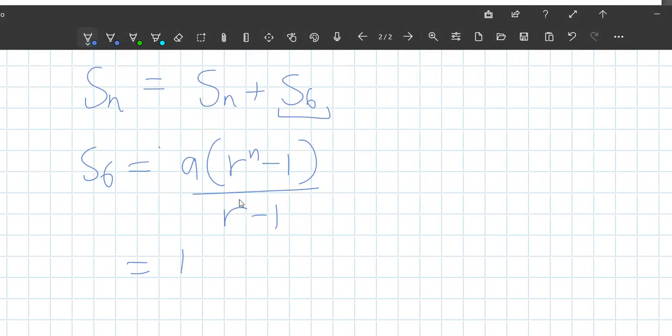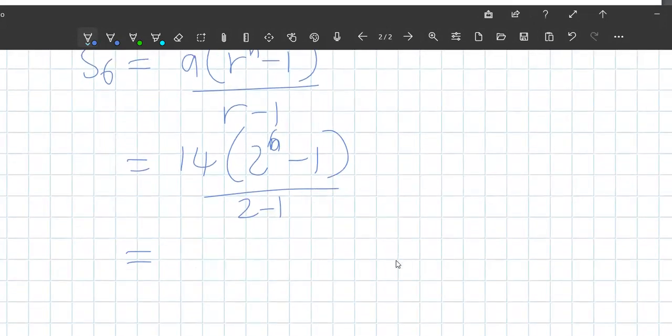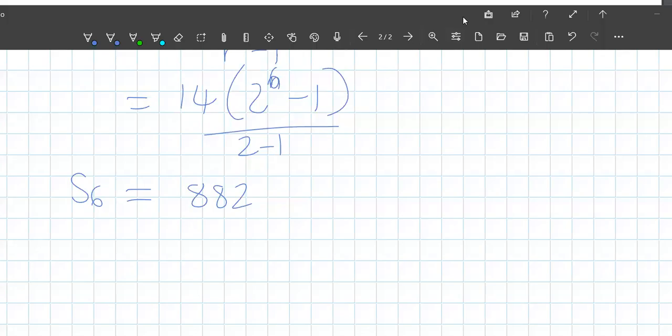Our a value was 14 from the previous question, and our r we worked out as being 2, and n is 6. This goes straight into your calculator, and I get the answer of 882 for S6. When I get to this stage, I start to ask myself whether this will even be helpful to get my final answer, so just leave that there.